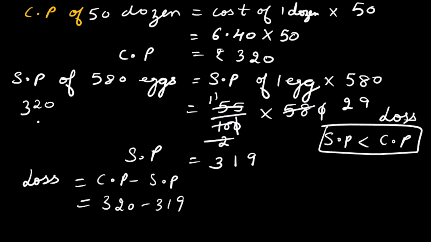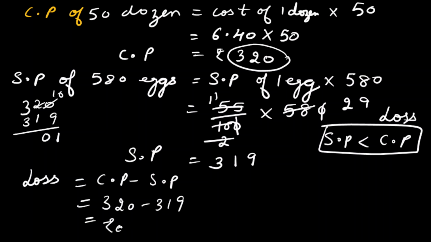We do the subtraction: this is 320 and this is 319. So only 1 rupee, the loss is only 1 rupee.